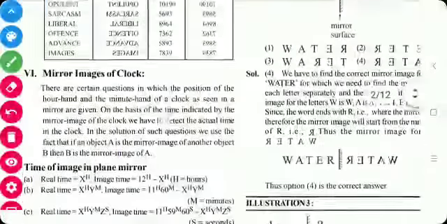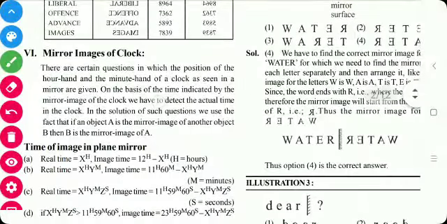Mirror images of a clock. Here either we have to find the mirror image, or we use the formula: real hand x is equal to image time 12 minus x. So if the time is 3 o'clock, then it shows 9 o'clock in the mirror image, that is 12 minus 3 means 9.